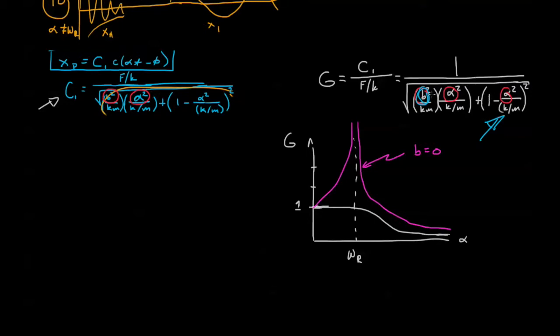But we have a small number in the denominator, so we're going to have a really high gain. So if we have a low damping ratio, our response will look something like this. So b is low, in our teal.